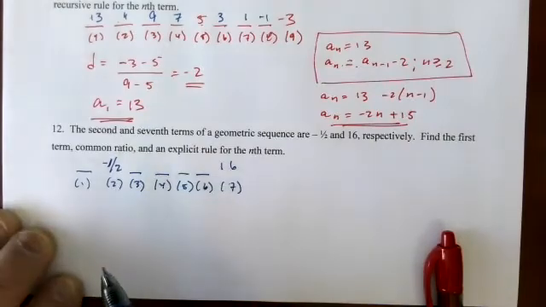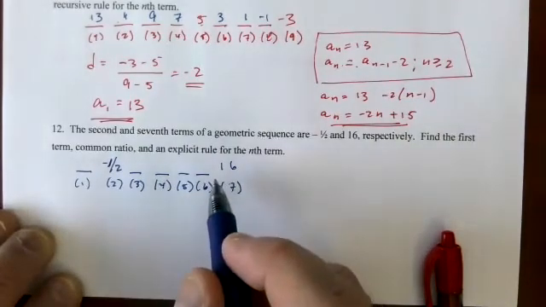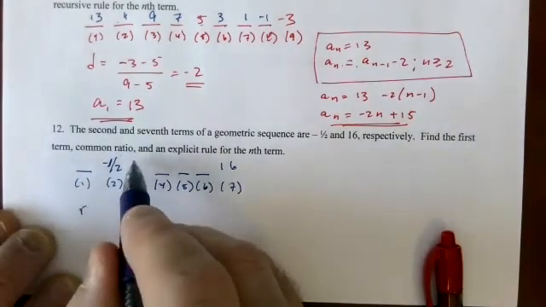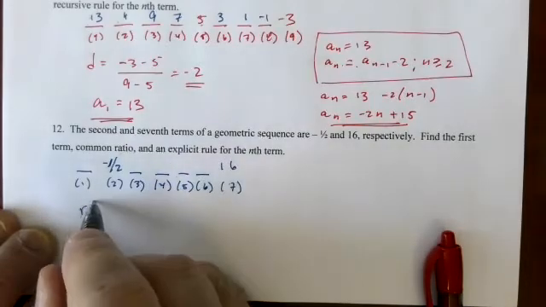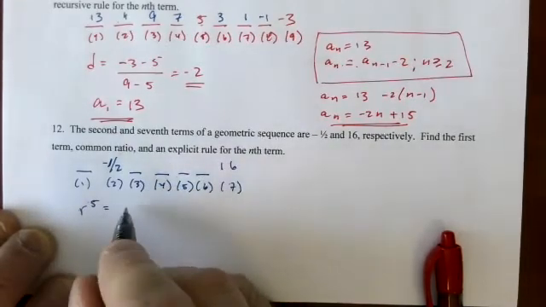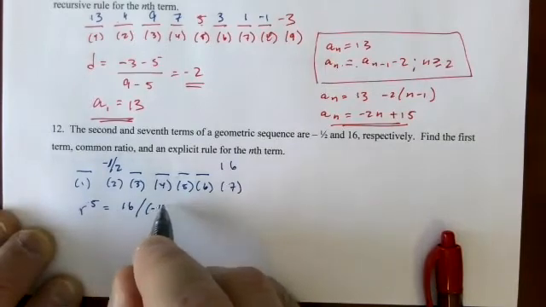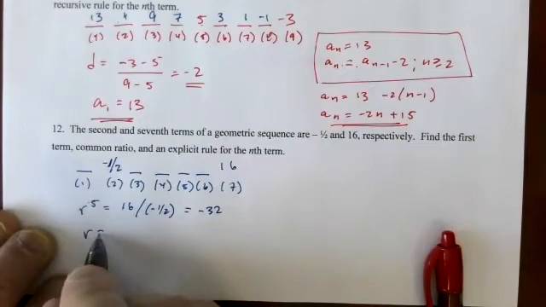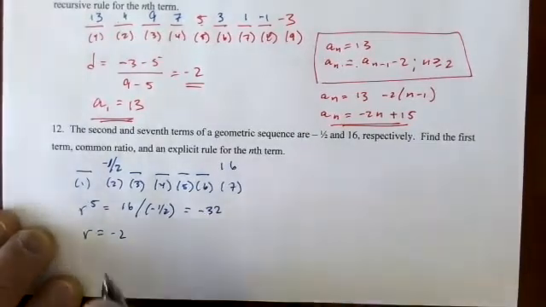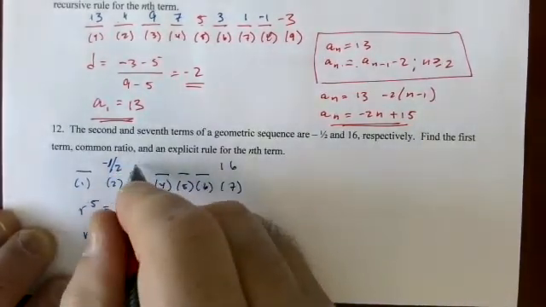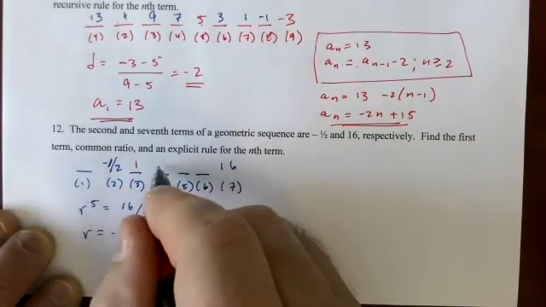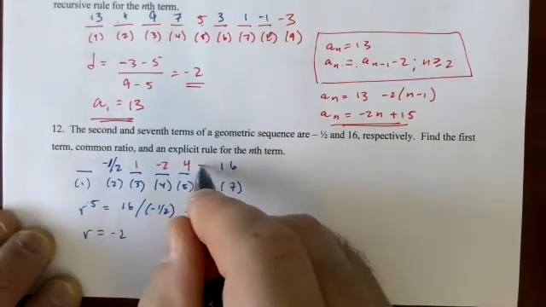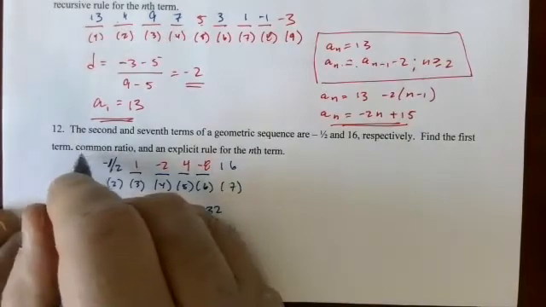And actually, I'm going to do that thing I did where I went, r to the 5th, 1, 2, 3, 4, 5 equals 16 divided by negative 1/2, also known as negative 32, making r negative 2. Times negative 2, 1, negative 2, 4, negative 8, 16, 1/4.